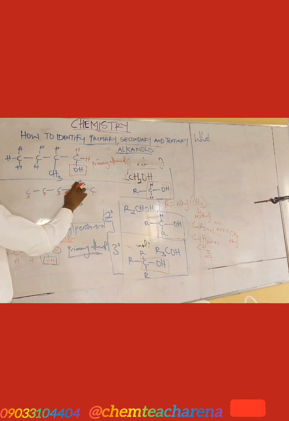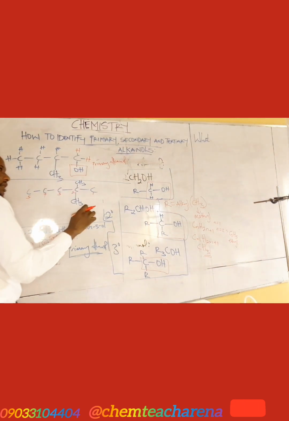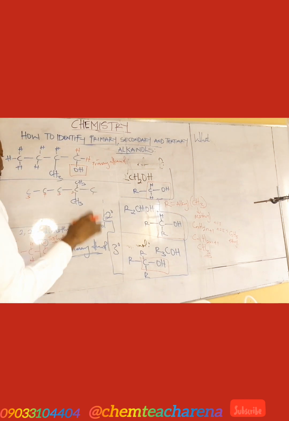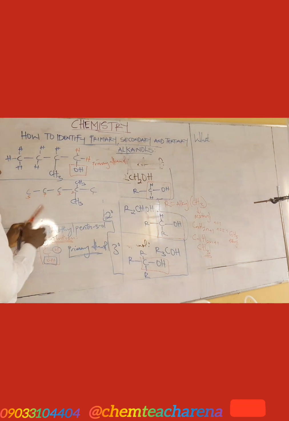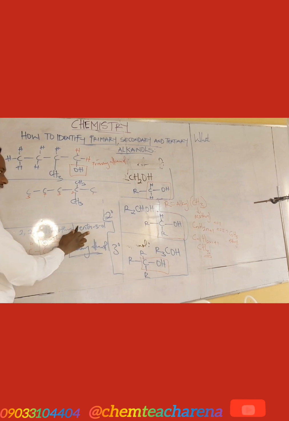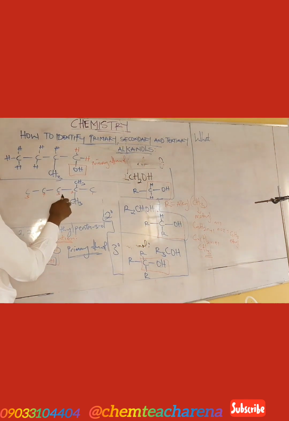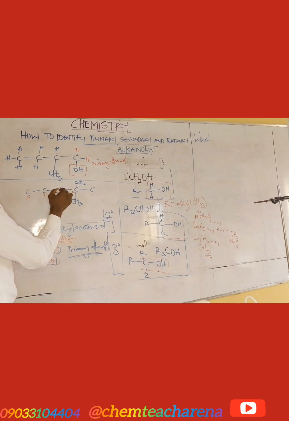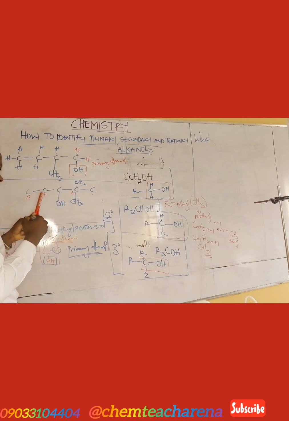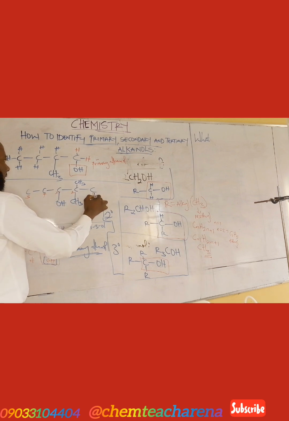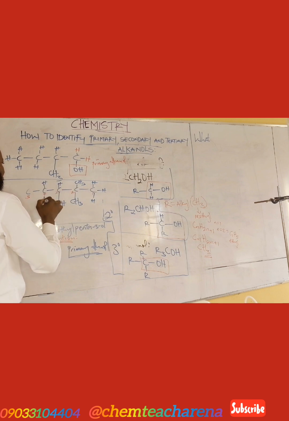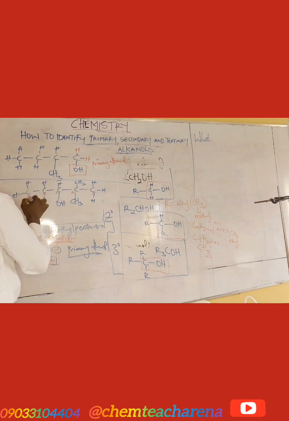That's why we say 2,2, because at position 2 we have 2 methyls, and that's why we call it 2,2-di. Then pentan-3-ol: 1, 2, 3, so my OH is going to be here on carbon 3. Then I write the hydrogens.